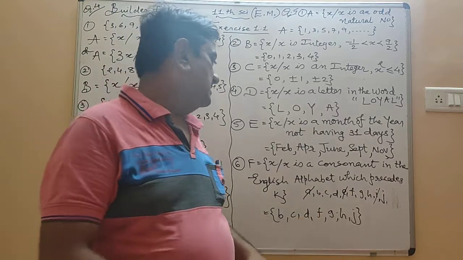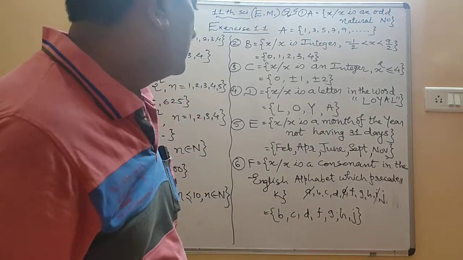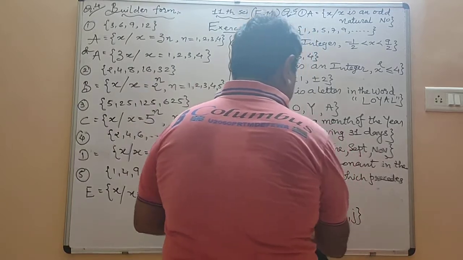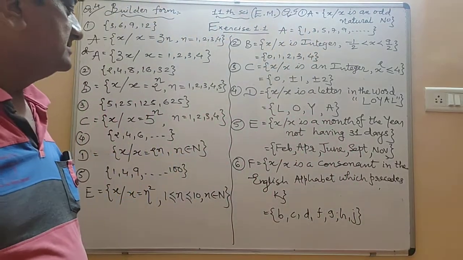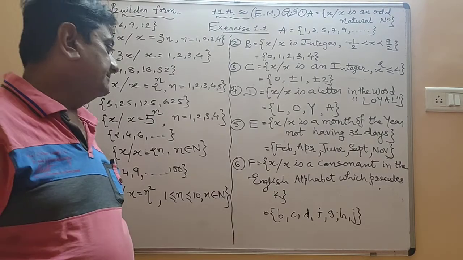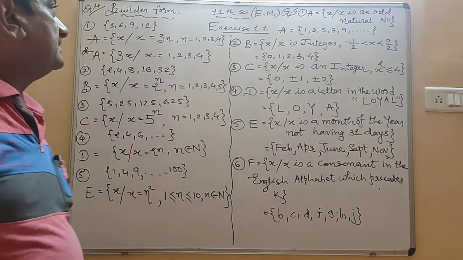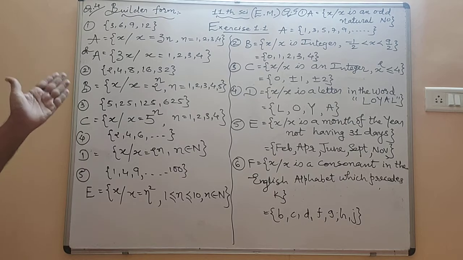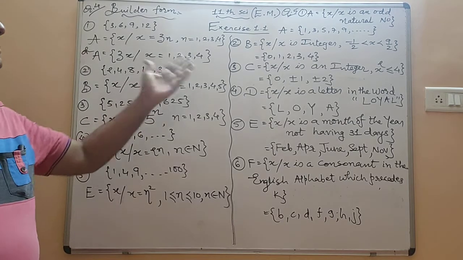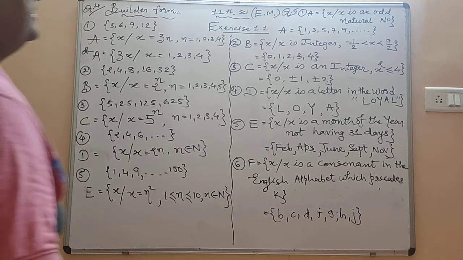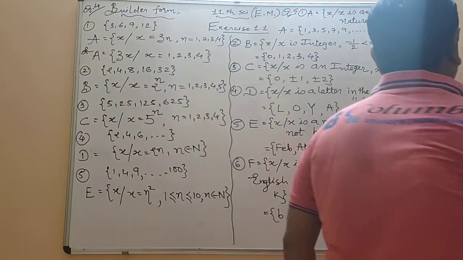The remaining elements are the consonants which are before K. So your answer is B, C, D, F, G, H, and J. So this is practice of the set builder form. See the board and write in your notebook.